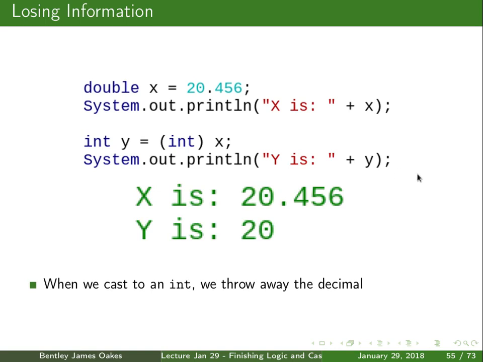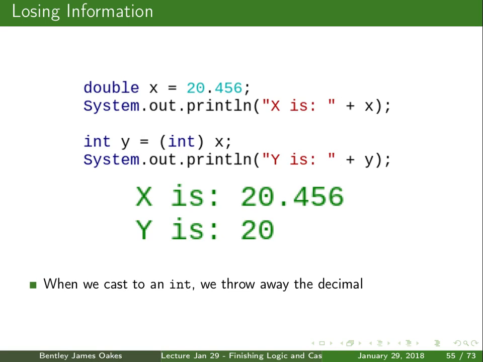So if you have something like this, double x is 20.456. We print it out, 20.456. That's fine. Here we're taking that x value and we're casting it to an integer, and placing it into int y. When we print out y, we're going to have only 20. So when we're casting to an int, we're throwing away the decimal.